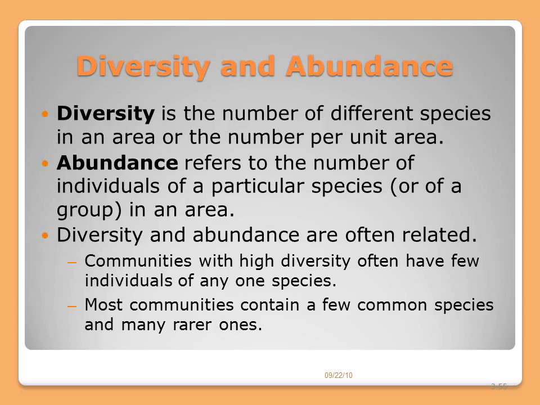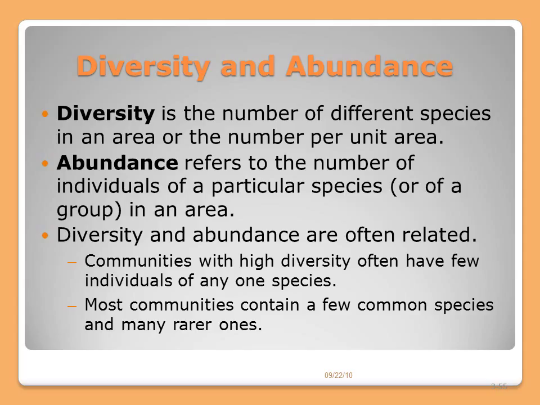You might see the number of different species in a 1 acre plot or in a 100-mile area. Sometimes this is referred to as biodiversity, or the diversity of life. Abundance refers to how many individuals you have of each species. So do you have a lot of that species living in an area, or just a few of that species living in an area?